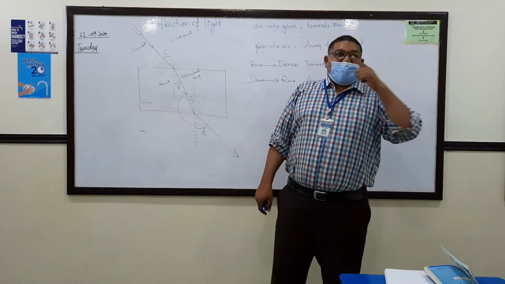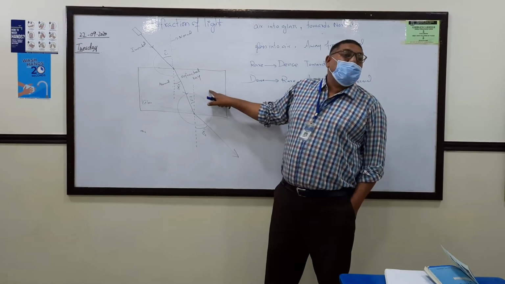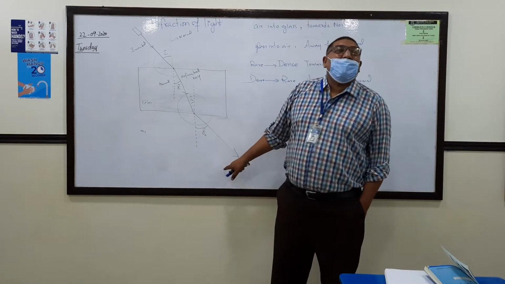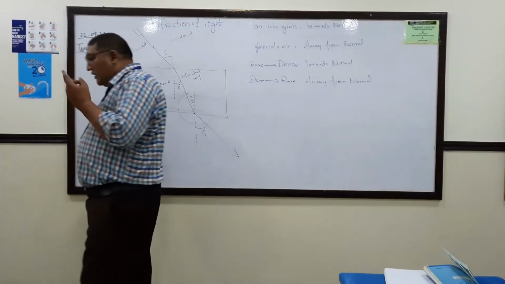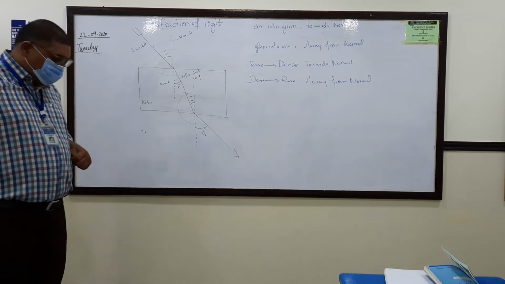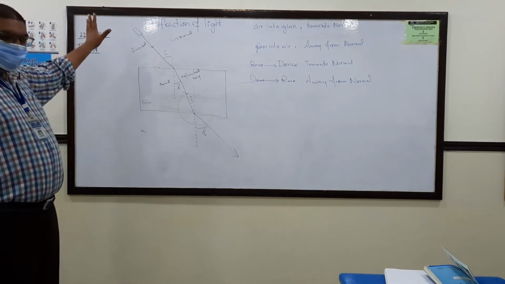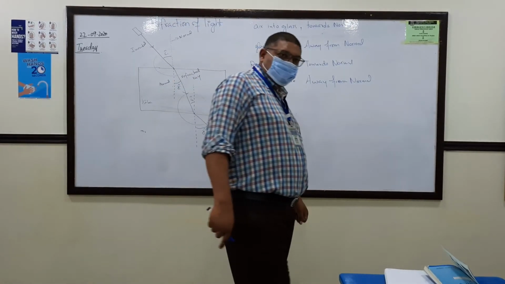The light might enter from a rare medium into a dense medium, or from a dense medium into a rare medium. The path of the light will change. So this is refraction, and the refraction follows some rules.